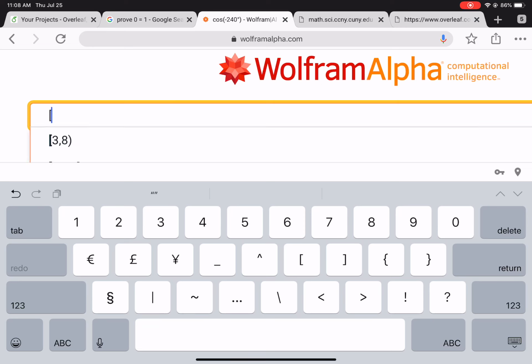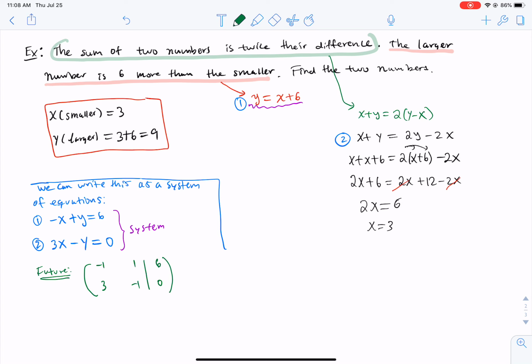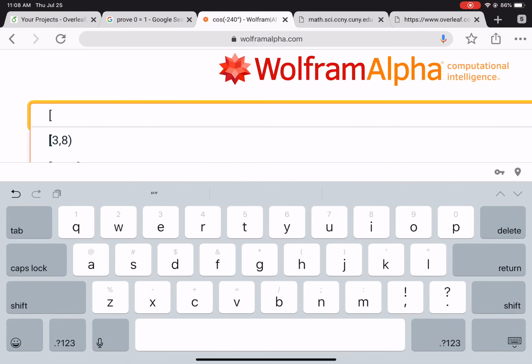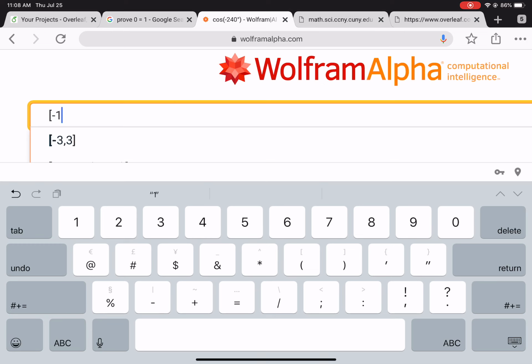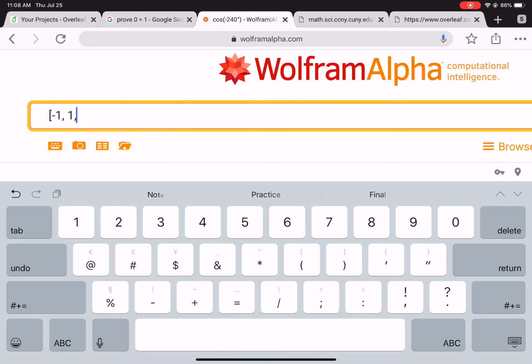The first row. What was the first row over here? -1, 1, and 6. So -1, comma 1, comma 6. And that's the first row. Now we're going to move on to the second row.